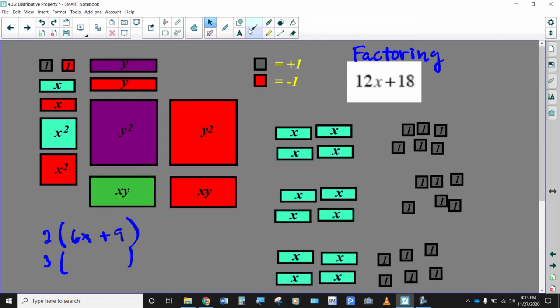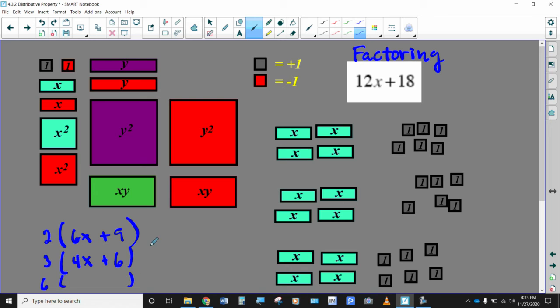So we could write this as 3 times 4x plus 6. But can we break it up into more equal parts than that? And 4, no, you can't break 18 into 4 equal parts, nor can you break either of them into 5 equal parts, but you can break them into 6 equal parts.